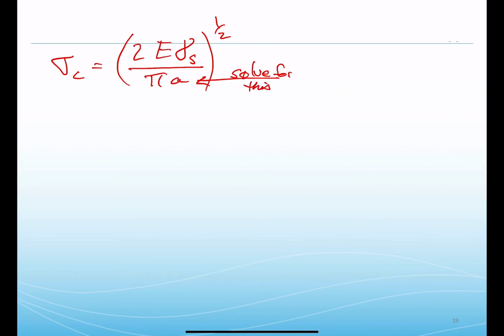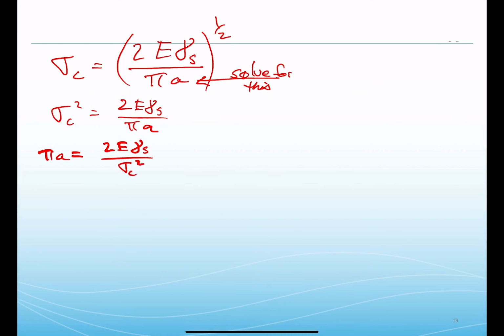Okay, so doing that, we'll take the square of both sides. Pi A. We'll then maybe move the numerator to the other side, so we'll end up with pi A is equal to 2E gamma S divided by sigma c squared.